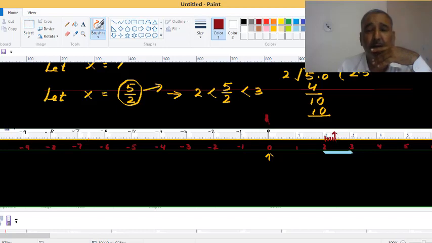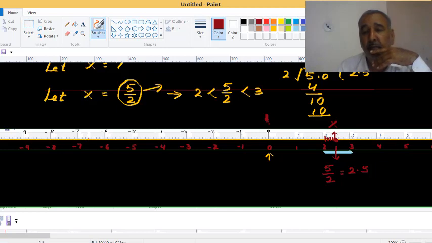You have to put a dark circle here and either write x or 5/2. This number can be represented as 2.5, 5/2. You have to show that your number lies here in between 2 and 3.